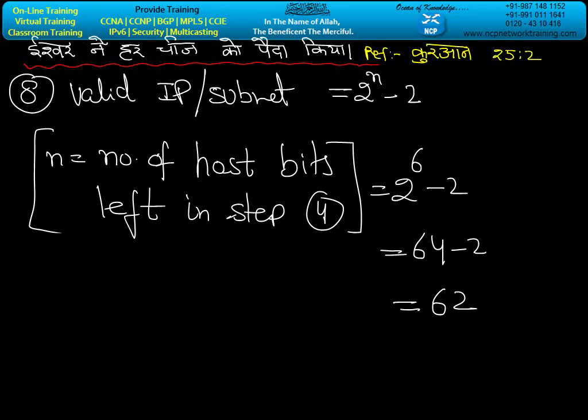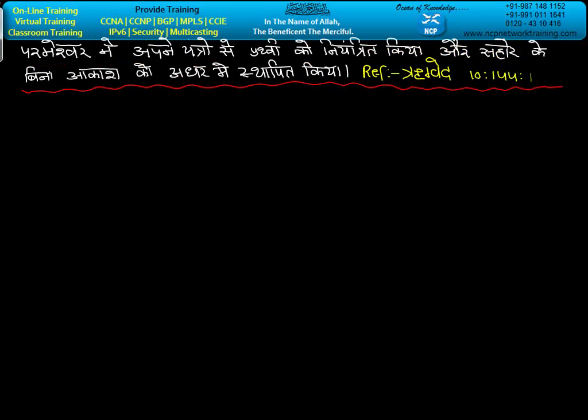Now the step number 9 is the final answer. Subnet ID range. Very carefully.